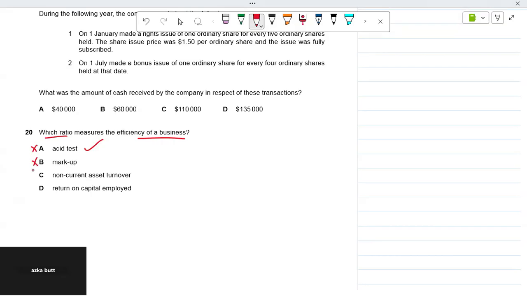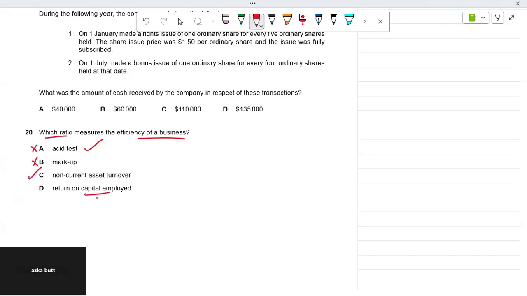Now let's see the non-current assets turnover. It measures how effectively a company uses its non-current assets to generate sales, and its formula is sales divided by non-current assets. So its focus is efficiency in using the non-current assets. Let's see D. D is return on capital employed.